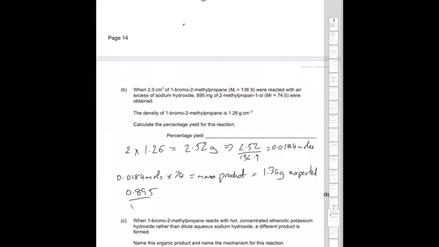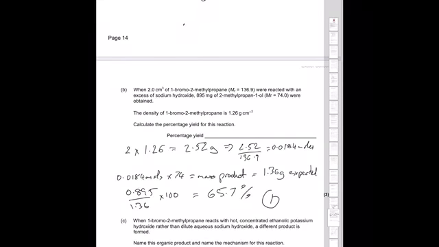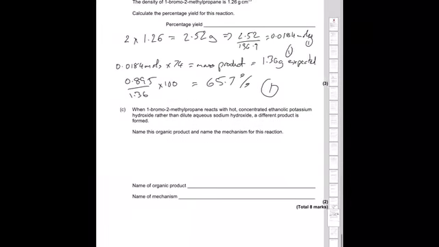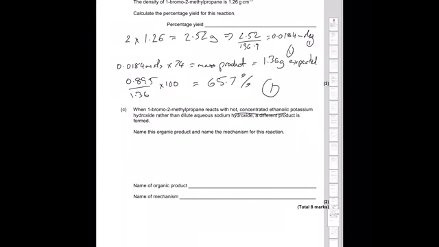So that's 0.895 divided by 1.36 times by 100 gives us a percentage yield of 65.7%. That's 3 marks if you got that. And working backwards, if you didn't get that, you need to work out the mass of the expected and the moles of the original one.